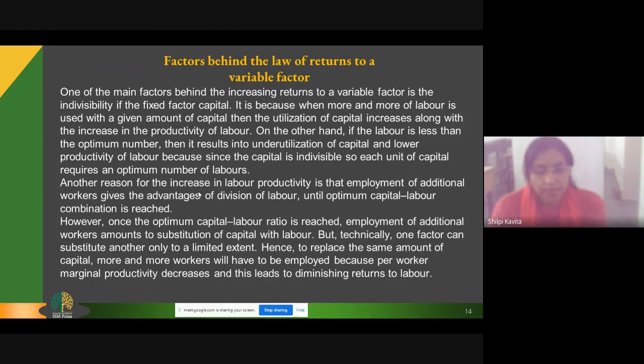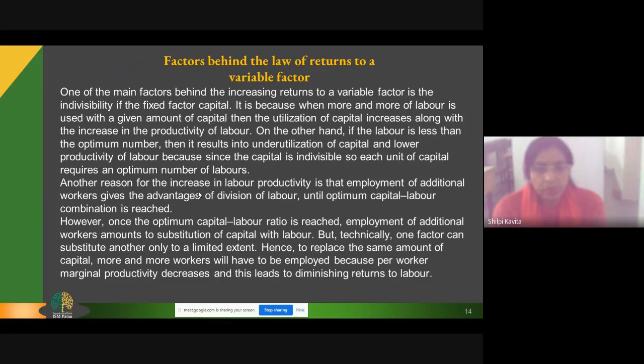You have to pay. The fixed factors, or the fixed cost of factors of production of a fixed nature, are going to be there. So what happens is that as we add more and more labor with the fixed factor, the utilization of the fixed factor increases.